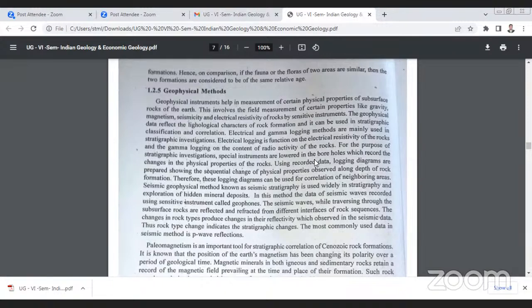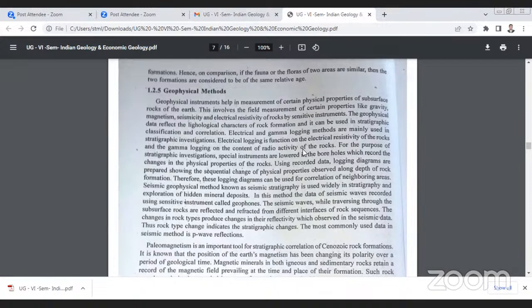Electrical logging is a function of the electrical resistivity of rocks, and gamma ray logging depends on the radioactivity content of a rock.